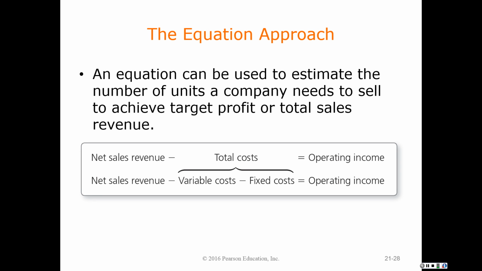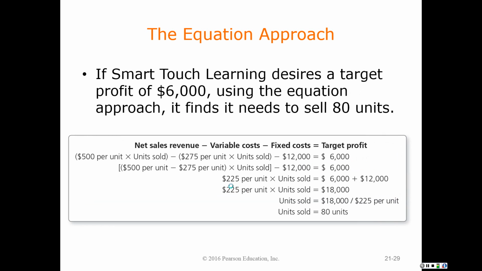We can use the phrases operating income and target profit interchangeably. They should have used the same phrases here, but it's called operating income on our statement, and that's why they've left it that way. But we're trying to identify, if I have a target amount that I want to meet, what can I do? I can use this equation approach.